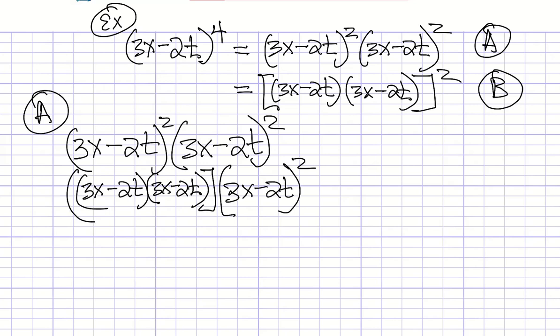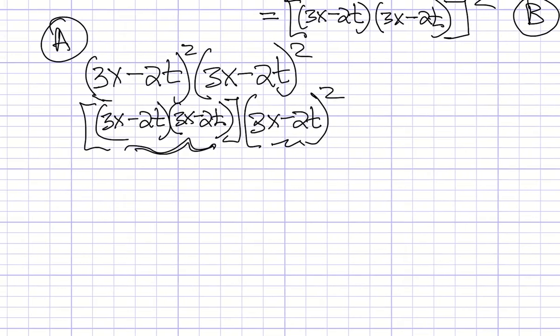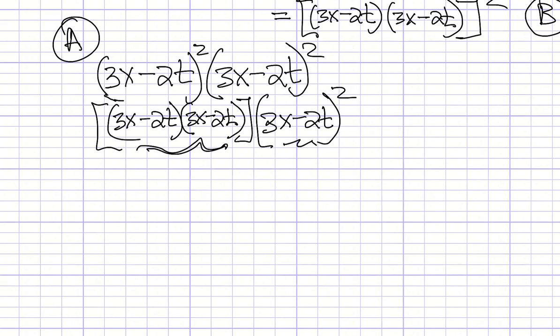And then I'm gonna leave this one outside: 3x minus 2t squared. Let me make sure I'm doing my bracket right. I'm gonna do this first. Whatever I get from here will repeat here. I'm not doing anything illegal, I'm doing it right. 3x times 3x, what do you get? 3 times 3 is 9, so 9x squared.